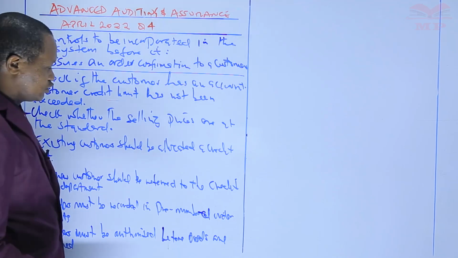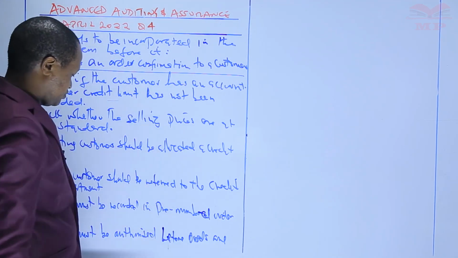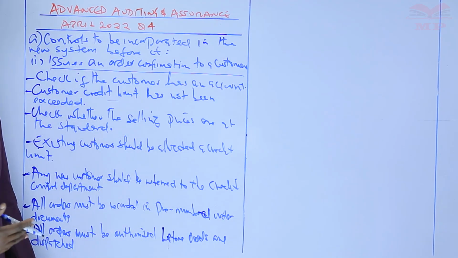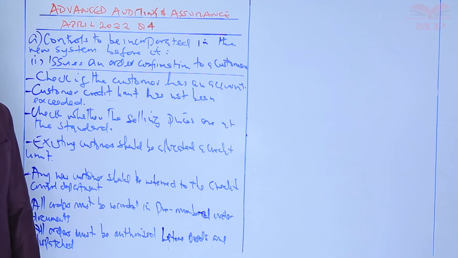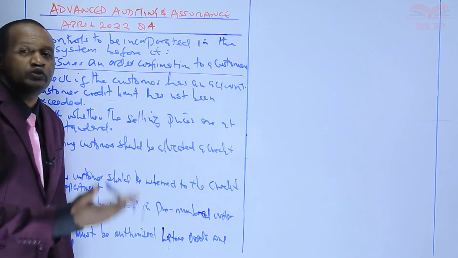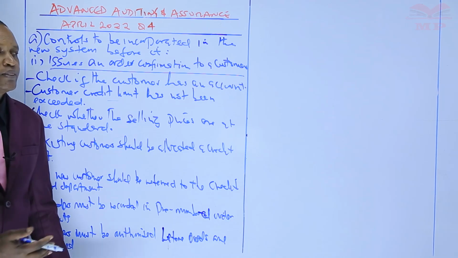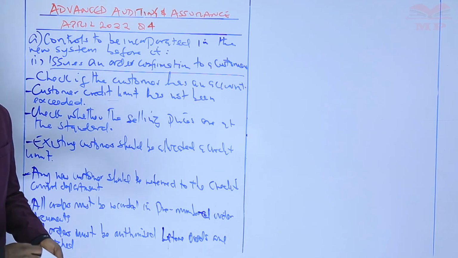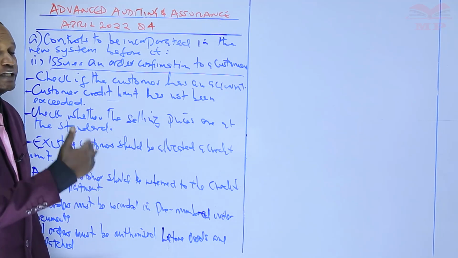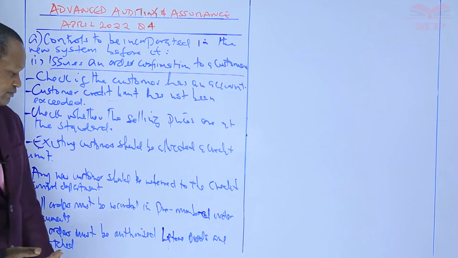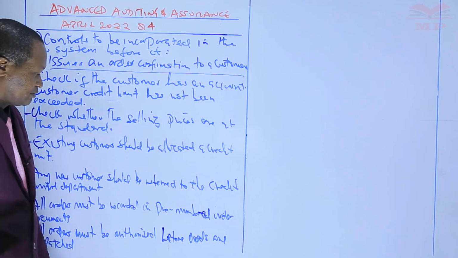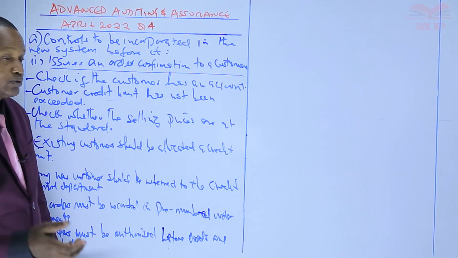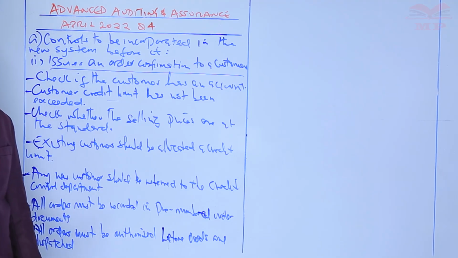There has to be the process of authorization, and there has to be segregation of duties when it comes to carrying out the different functions in the sales system. The one receiving the orders should not be the one authorizing the orders.